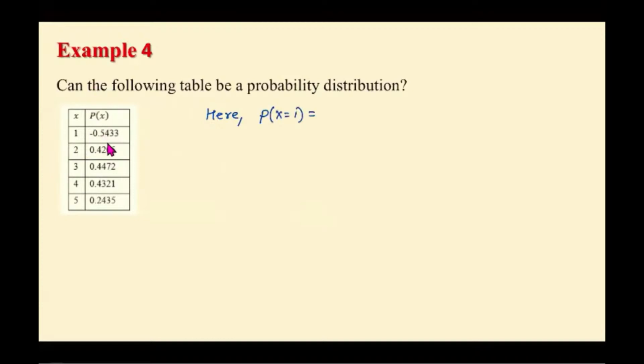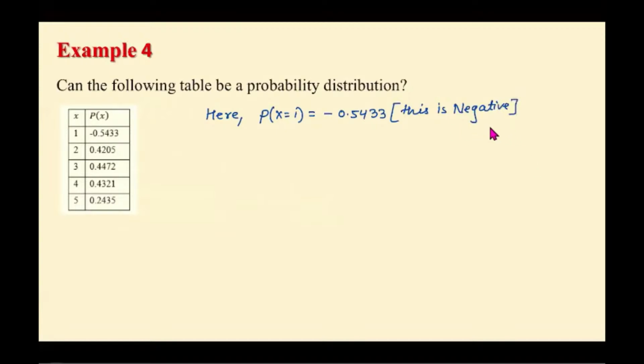0.5433. This is negative. Probability cannot be negative.